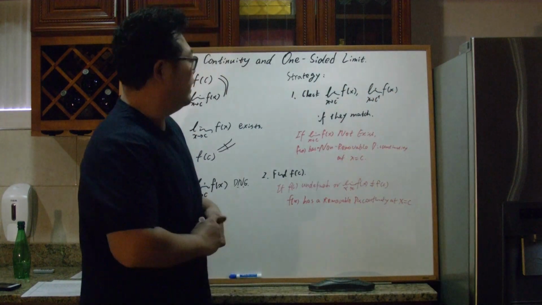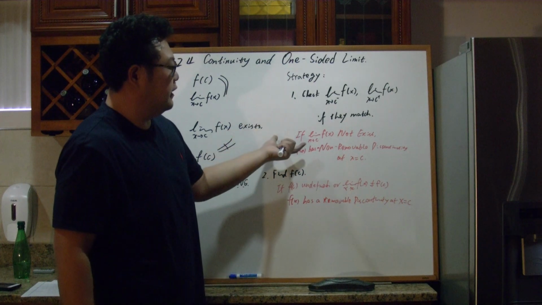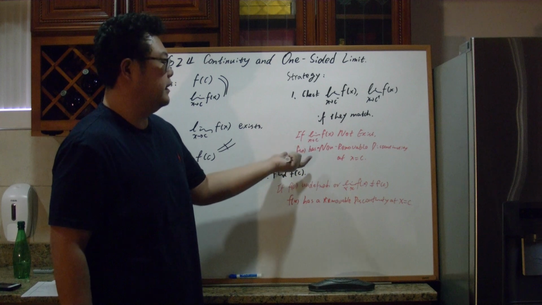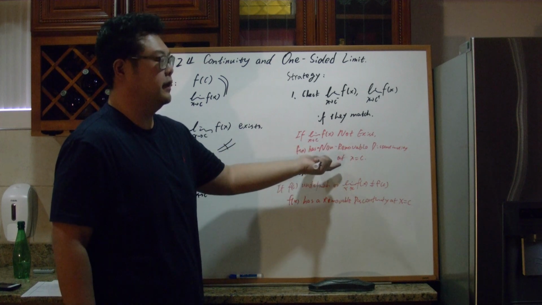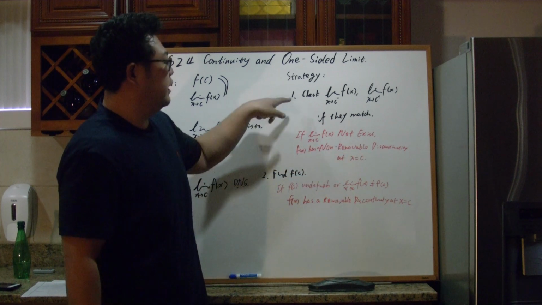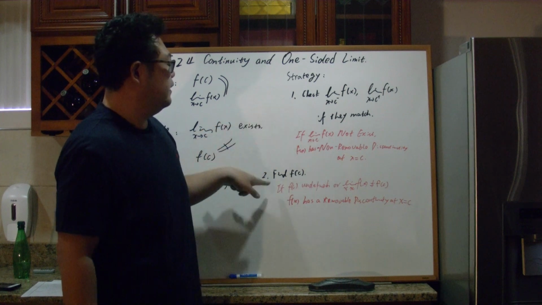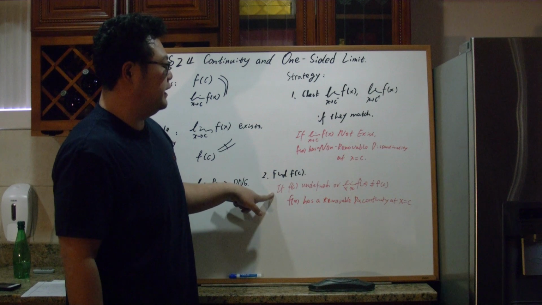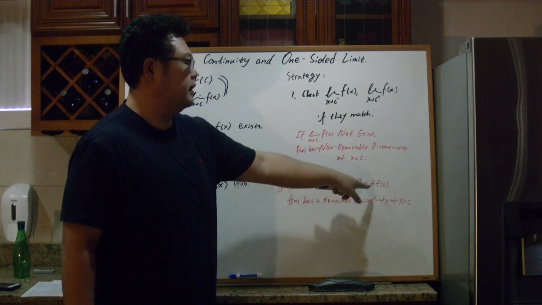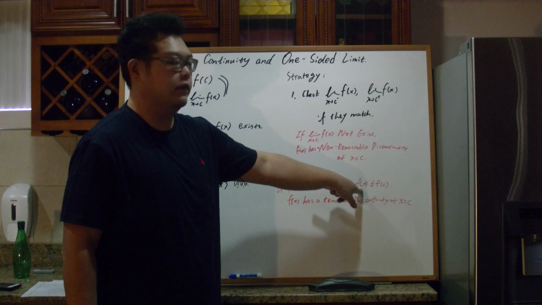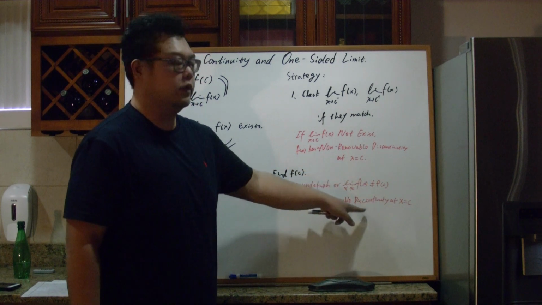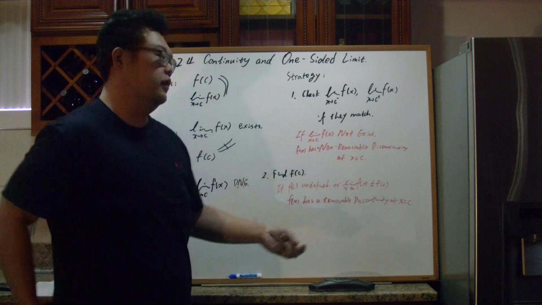So if the limit does not exist, we get the conclusion already that it is non-removable discontinuity, we stop there. If the limit exists, then we try to find f of c. If f of c is undefined or the limit as x approaches c of f of x is not equal to the function value, then we conclude it is removable discontinuity.